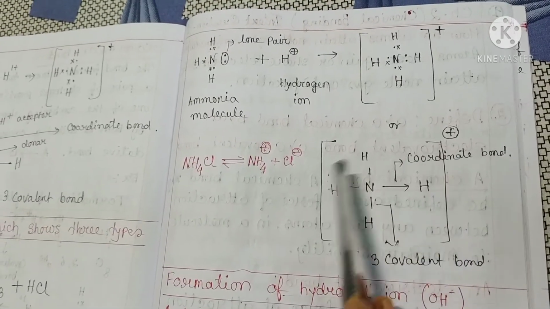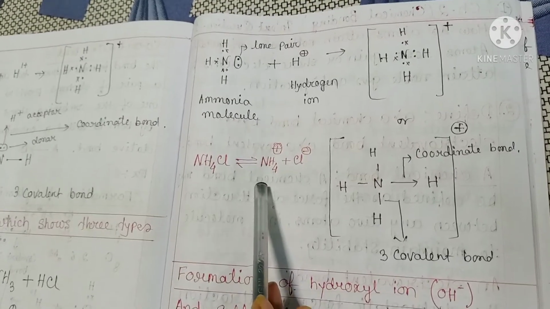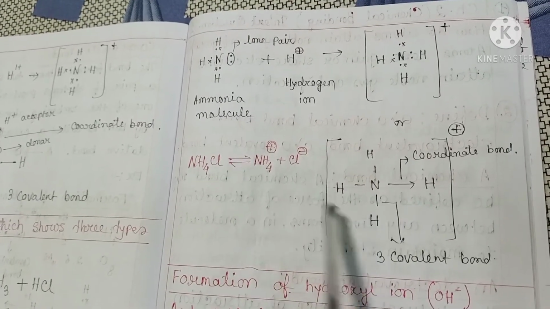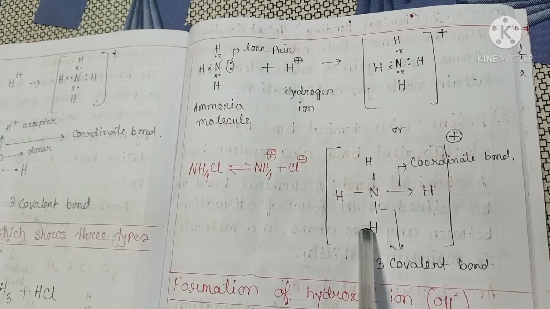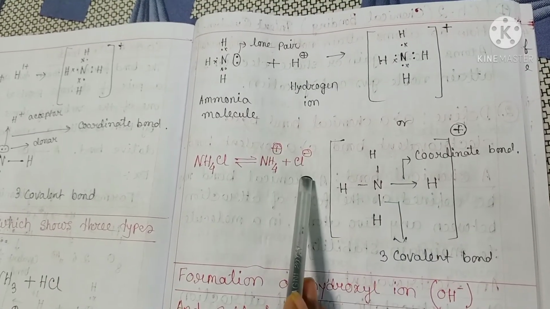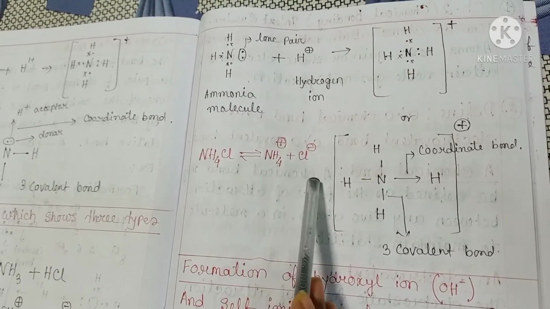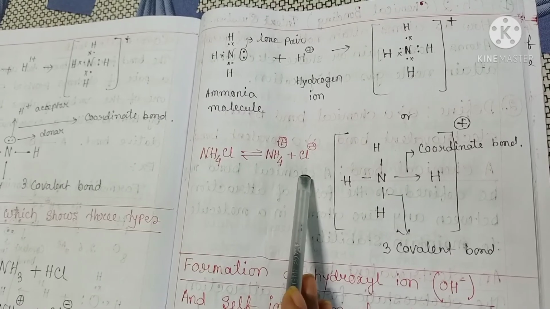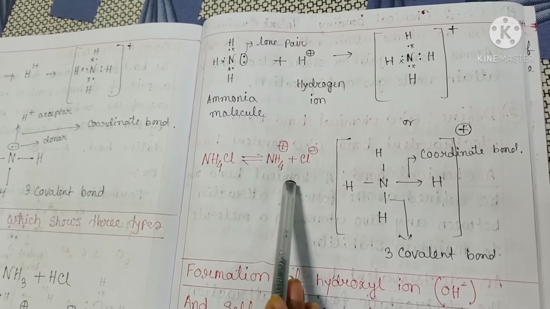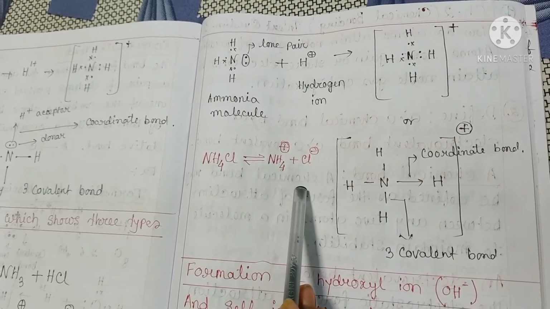When ammonium chloride is formed, the cation NH4 plus, having three covalent bonds and one coordinate bond, and the anion Cl minus are attracted towards each other due to the electrical charge existing between them. So, an ionic bond is formed.